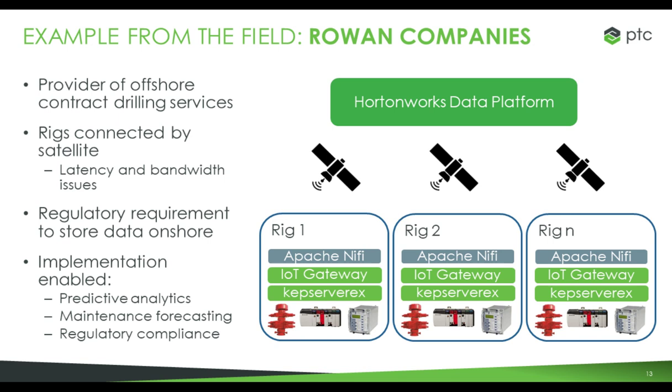And you can imagine offshore, there's not a whole lot of communication options. The only connectivity medium available for achieving this goal is satellite, which is notoriously spotty, low bandwidth, high latency, and pretty expensive to transfer data.